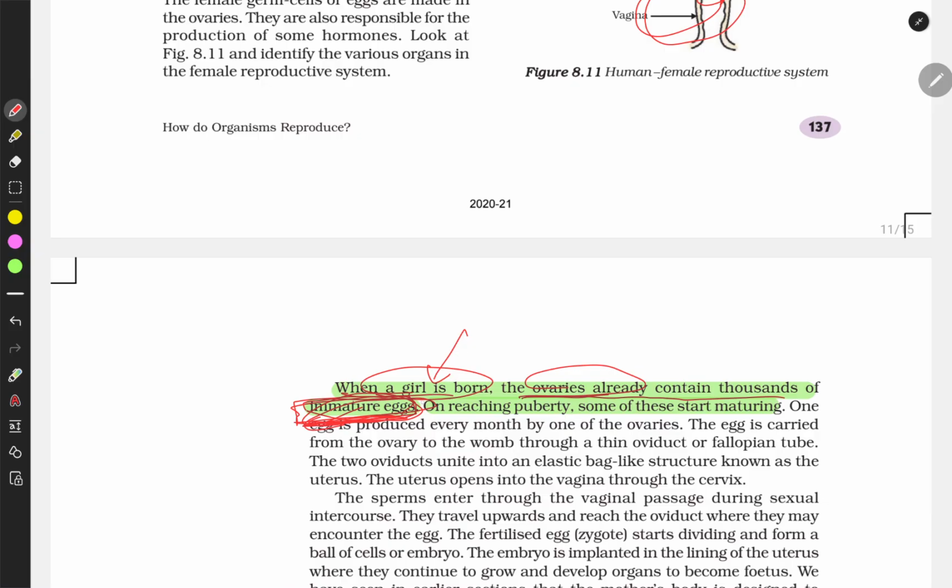When each organ forms at that time, they also form ovaries. They have immature eggs, and after puberty, one egg each month matures and gets released. On reaching puberty, some of these start maturing, about one egg per month.